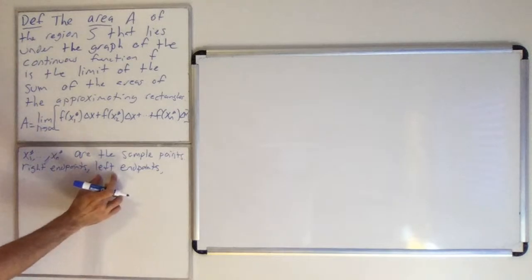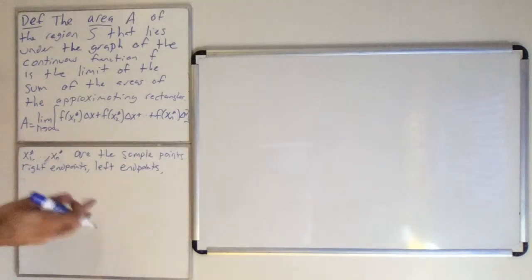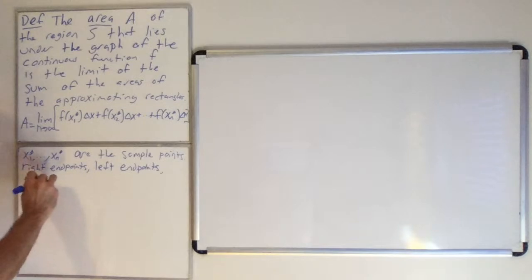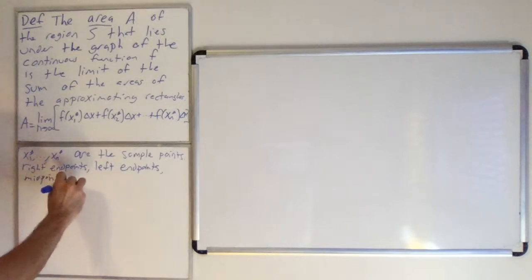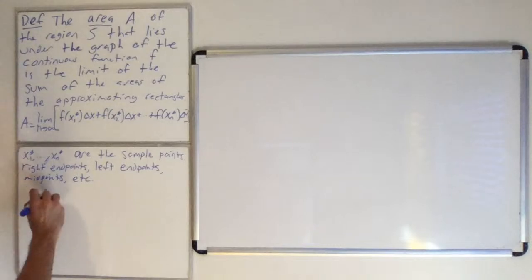We used left endpoints of our subintervals, or we could use midpoints, or we could just use any point we prefer in each of the subintervals. Okay, so just remember what this looks like.